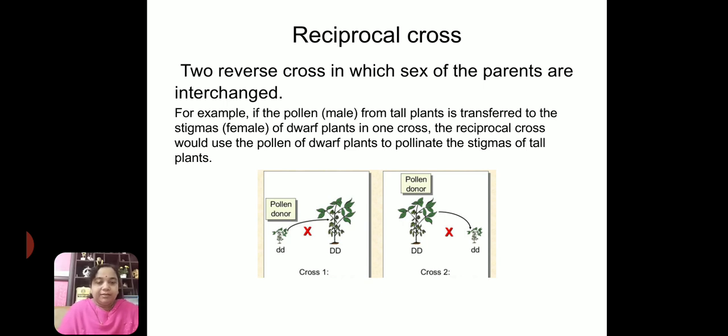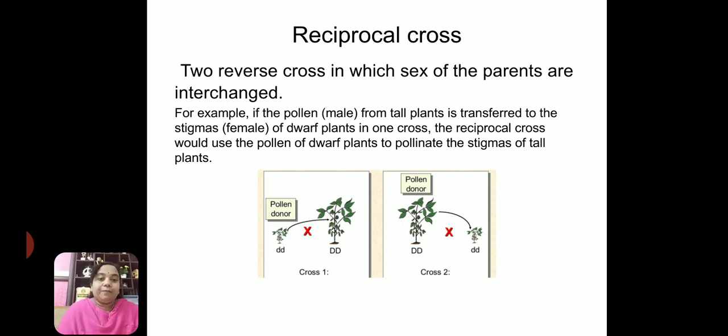Another term you have to study before going further in genetics is the reciprocal cross. In genetics, we are almost always dealing with crosses. Here, a reciprocal cross means two crosses where the second is a reverse cross, in which the sexes of the parents are interchanged. How are the sexes of the parents interchanged?